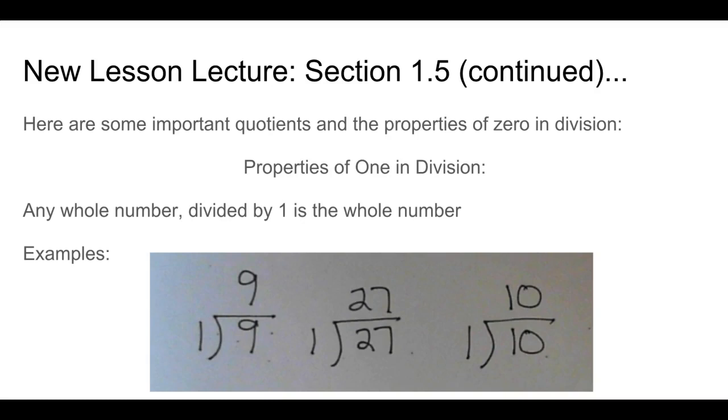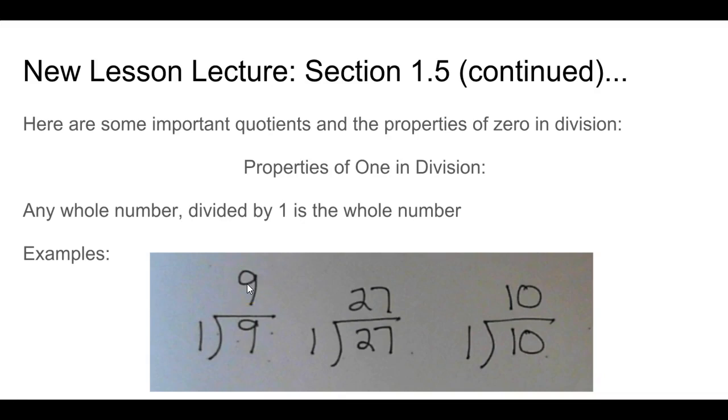number. Okay. Any whole number divided by 1 is the whole number. So here, looking at these examples, we see here that 9 divided by 1 is 9. So any number divided by 1 will always be the number.